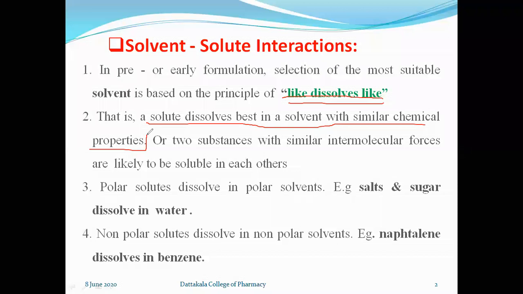This is in the case of chemical properties. Another way: if two substances have similar intermolecular forces of attraction, they are likely to be soluble in each other, because everything is similar. The chemical properties shown by these substances are similar, and the intermolecular forces present in the solute and solvent are similar.